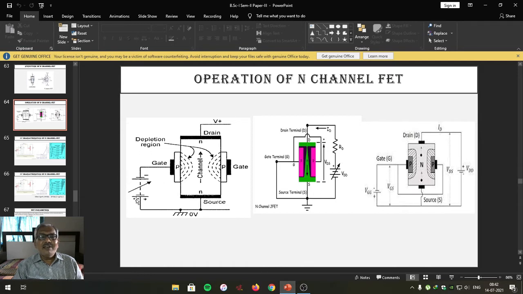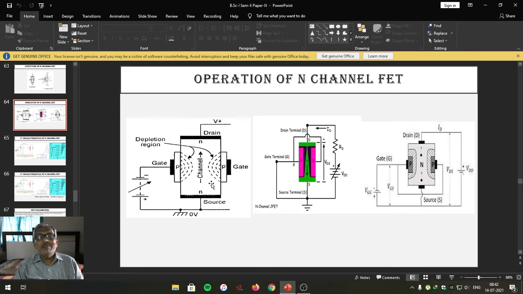Just connecting the battery doesn't allow the FET to work, because the supply voltage now applied is 0. When VGG is 0, VGS is 0, and as VGS is 0, the channel width of the N channel FET is a maximum.